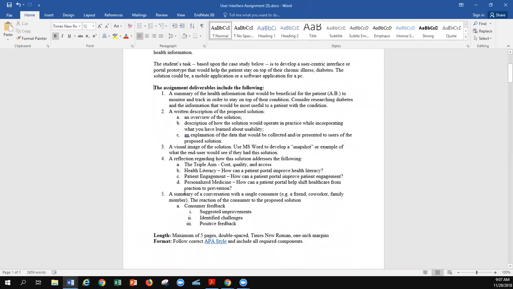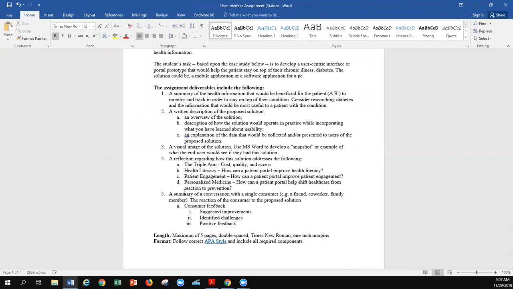After you have your prototype, I want you to do a reflection, okay? Think about and address how the solution or prototype that you developed will play into the triple aim. Think about health literacy. How can a patient portal improve health literacy?